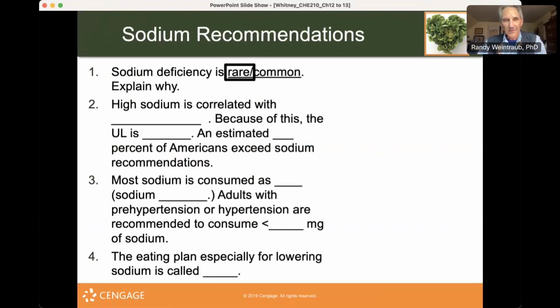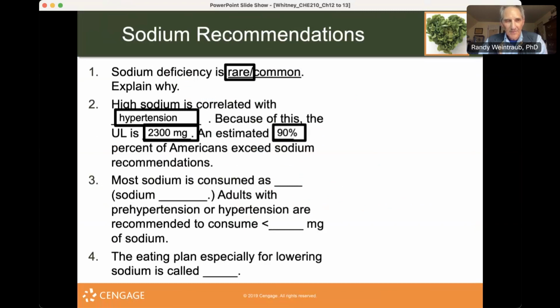We're usually concerned about getting too much sodium in our eating pattern. High sodium is correlated with hypertension. Because of this, the upper level is 2,300 milligrams. It's advisable to be lower than that.